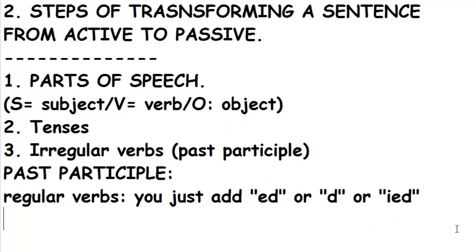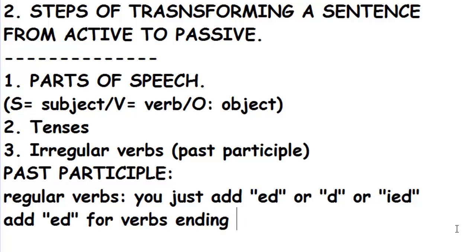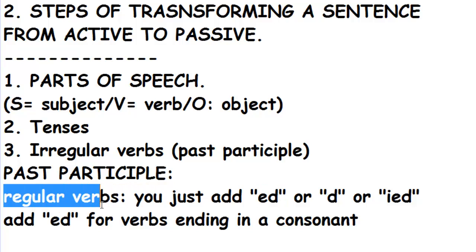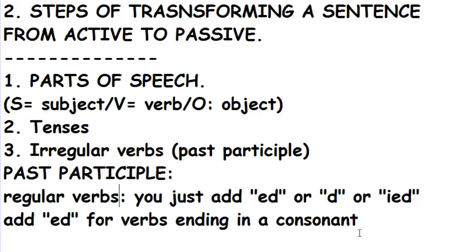I give you an example here. We add ed basically for verbs ending in a consonant. For any verb ending in a consonant, you have to add ed. Remember that this is the rule for regular verbs.